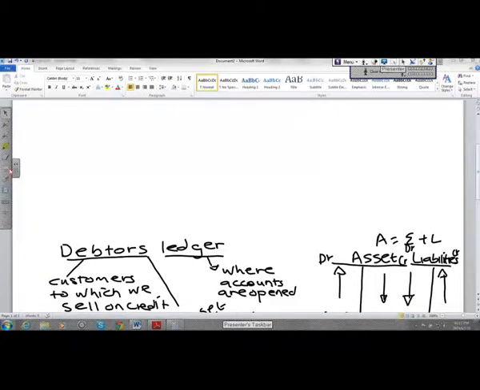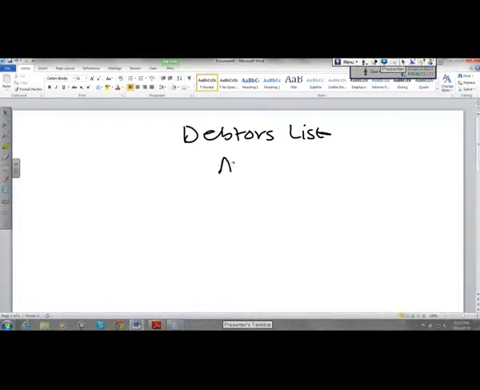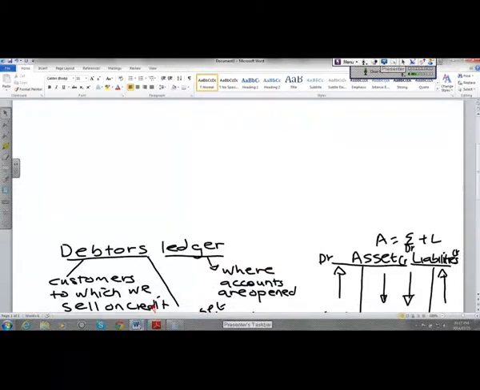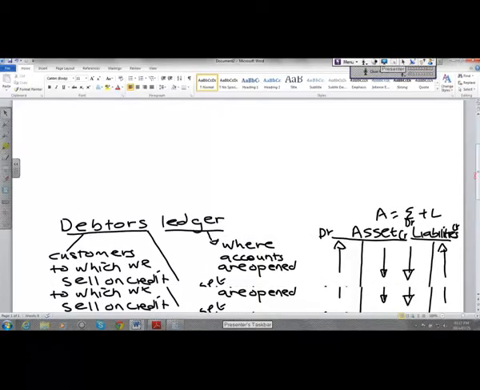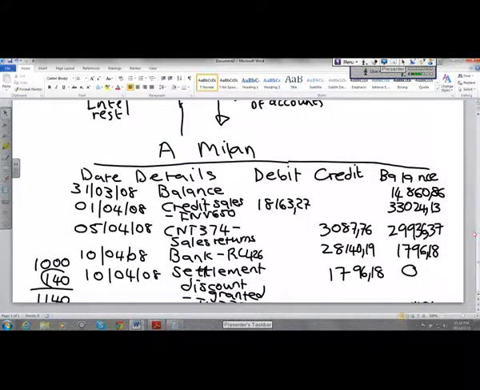All right, if we prepare the debtors list, all we're going to do is say debtors list. A Milan. How much is A Milan owing us? Then we look at A Milan. It's 29936.37, because the balance is right at the bottom.